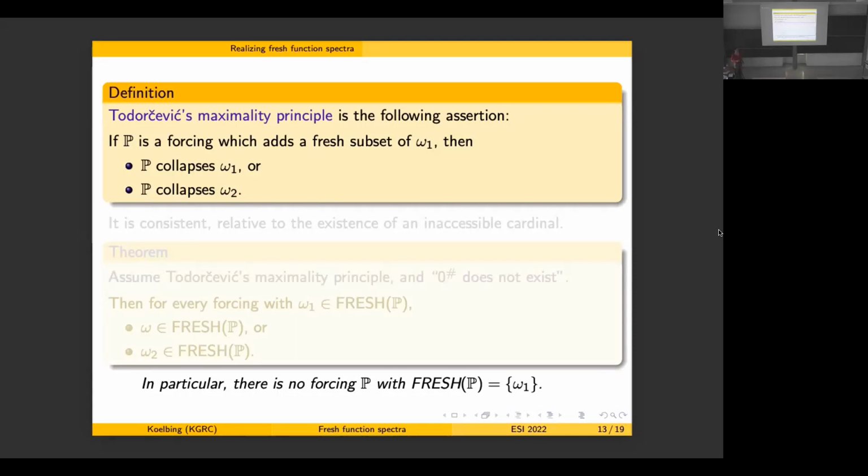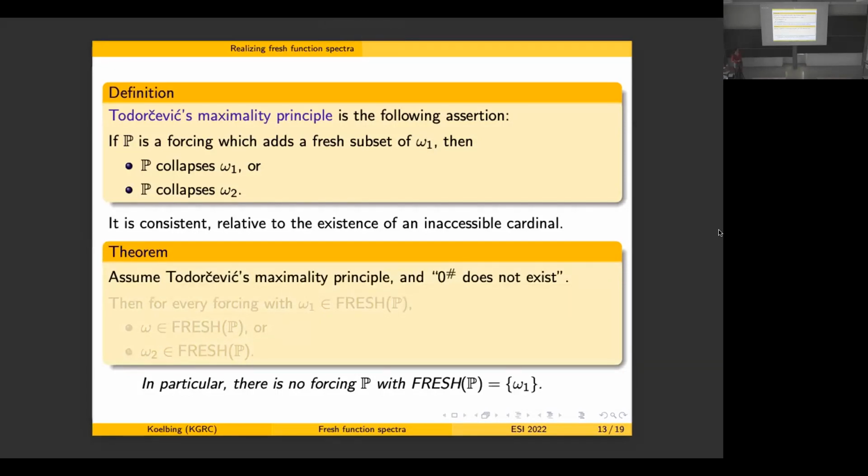And here, if we want to translate a fresh subset to a fresh function, that's a fresh function from omega 1 to 2, and not arbitrary to the ordinals. This principle is consistent relative to an inaccessible cardinal. And we can show that if this principle holds and zero sharp does not exist, then any forcing which has omega 1 in the fresh function spectrum has also omega or omega 2 in the fresh function spectrum. Here, zero sharp does not exist is necessary because we want to use Jensen's covering lemma to translate the fresh function on omega 1 to a fresh subset of omega 1.